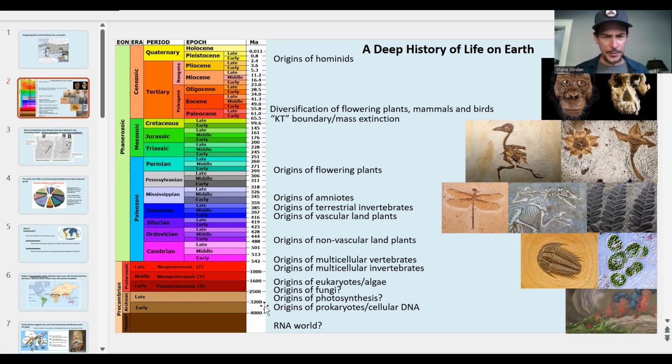But we do know that there's evidence to suggest that life might have come on the scene during this so-called RNA world, which predates our present understanding of how life does its business via that thing called the central dogma of biology.